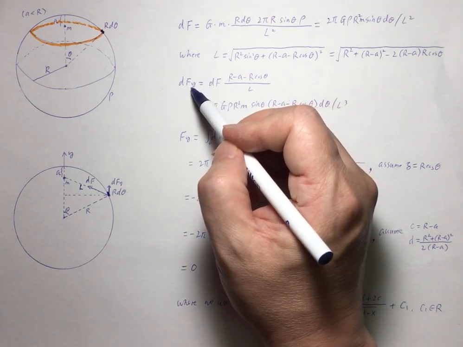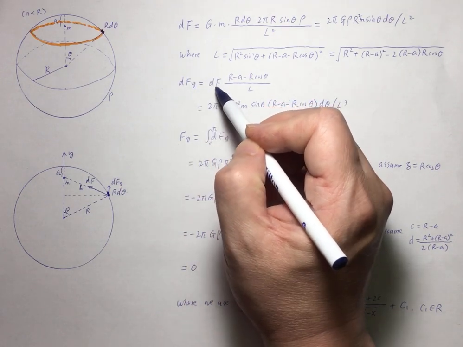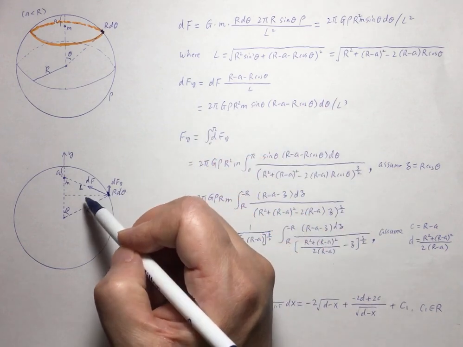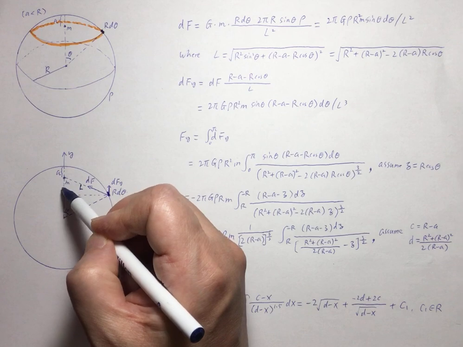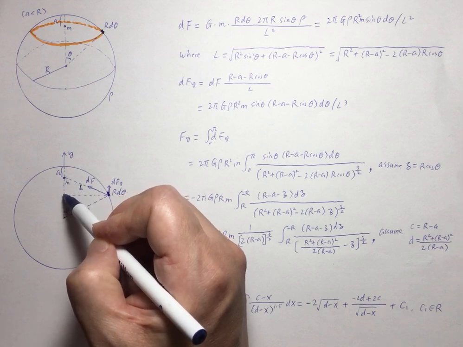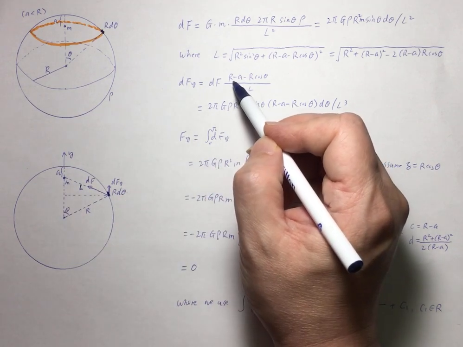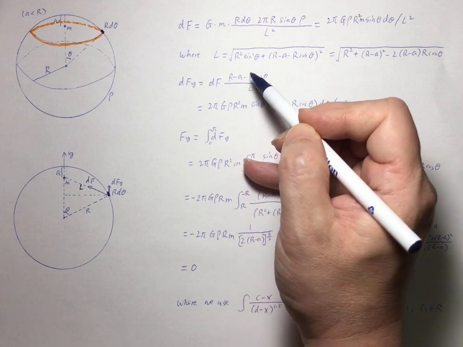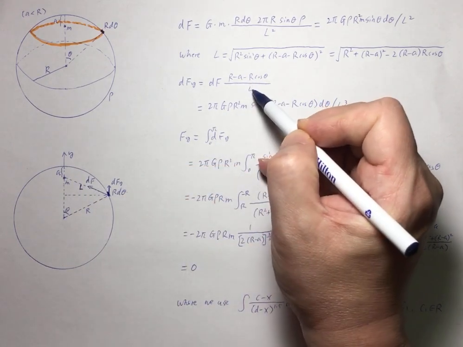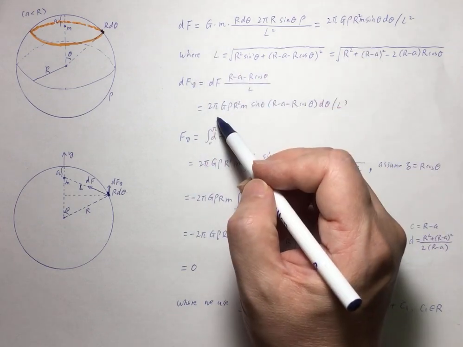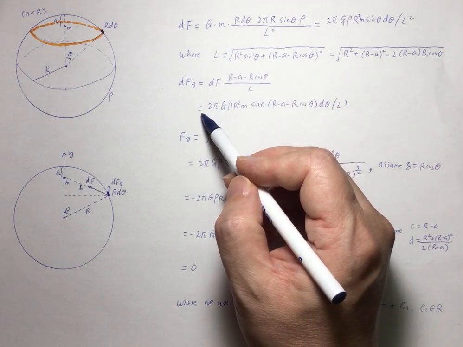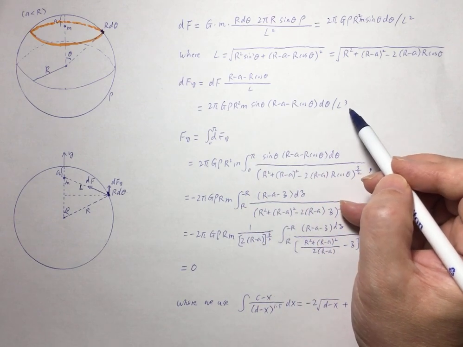So dFy will equal dF times this length, which is r minus a minus r cosine theta, over L. So we plug the dF expression here and clean up, so we get this expression.